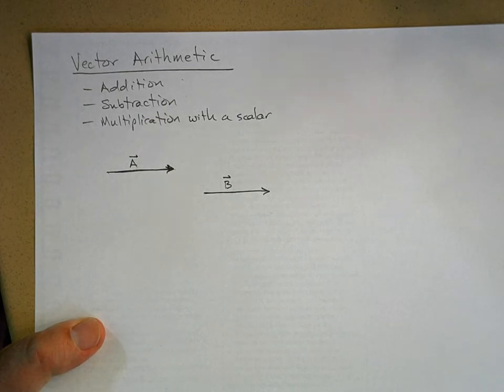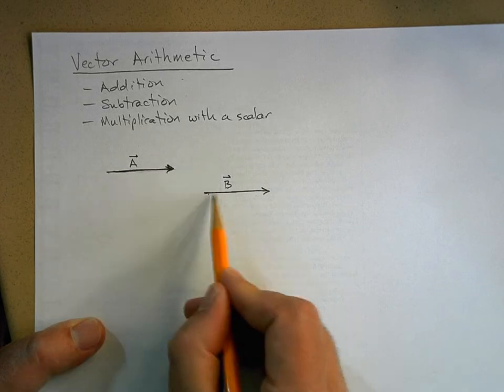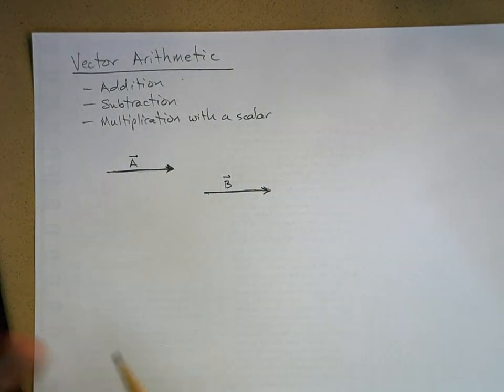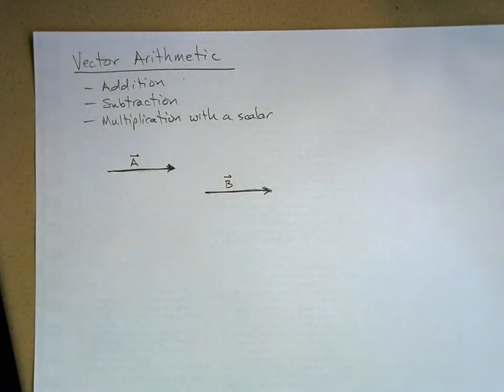Now, what do you notice about A and B? Well, they're in the same direction. They're both to the right. And I tried to draw them the same length, or the same magnitude.